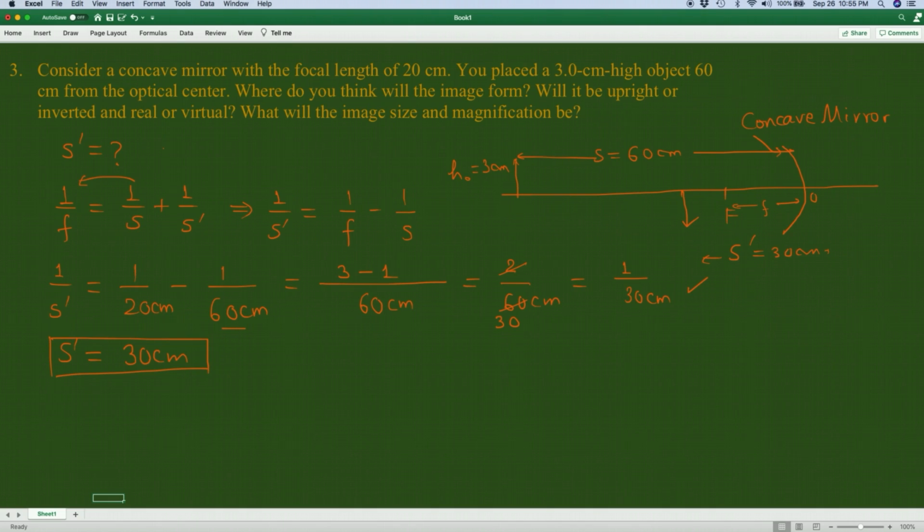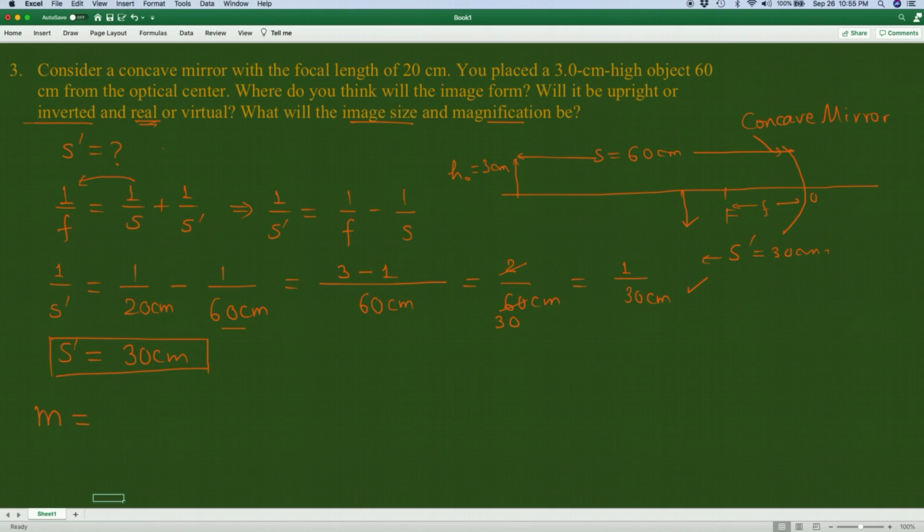Okay, so now we will find the size of the image and the magnification. We already answered that it's inverted because s prime is positive, and also it's real. So let's look at magnification.